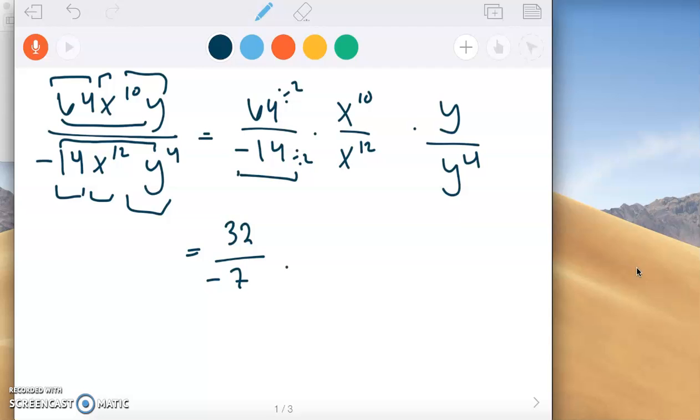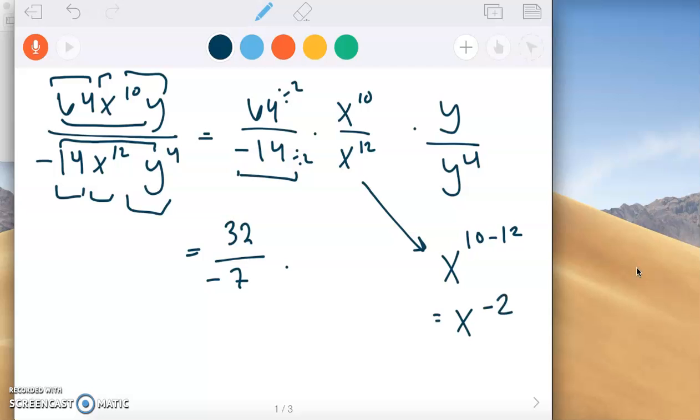Now let's look at our x component. So here we have x to the 10th over x to the 12th, right? So when we're dividing variables with exponents, you subtract the bottom from the top. So this is the same thing as saying x to the 10 minus 12, which equals x to the negative 2.